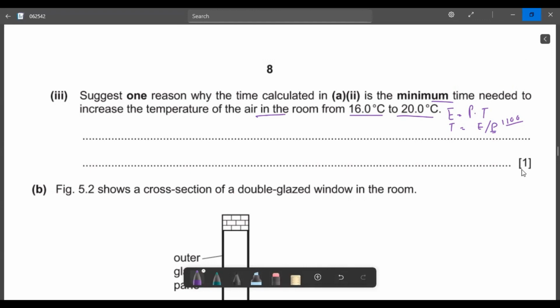And here the thermal energy is being transferred to objects in the room. Here the power output is constant, so the time required will also be constant to transfer this specific amount of energy.